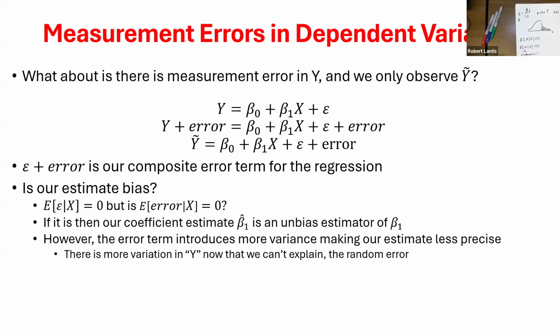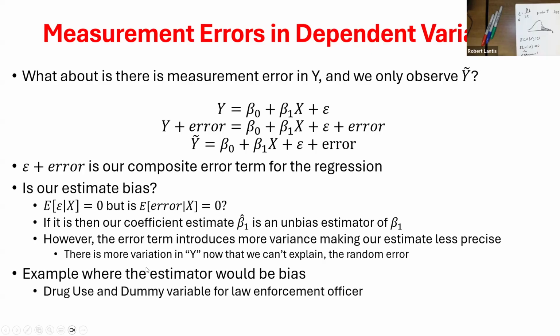Now, if different values of this X variable impact the size of that measurement error, I think I had an example here. Let's say I'm trying to predict drug use, and I've got whether or not they were a police officer, and maybe a bunch of different controls as well.